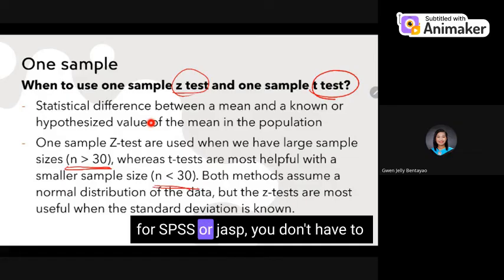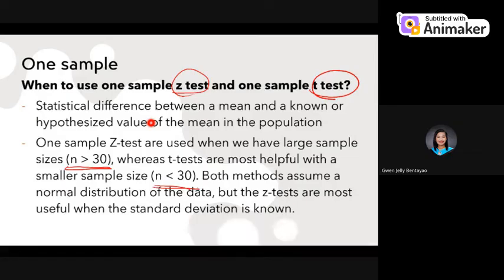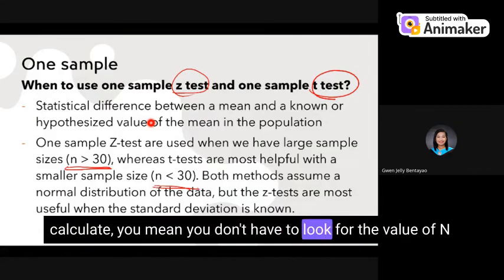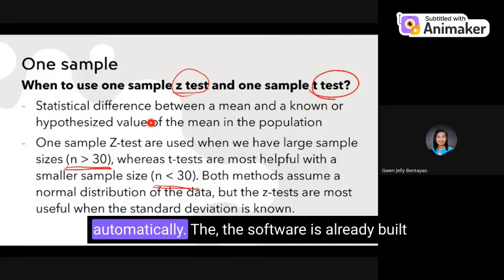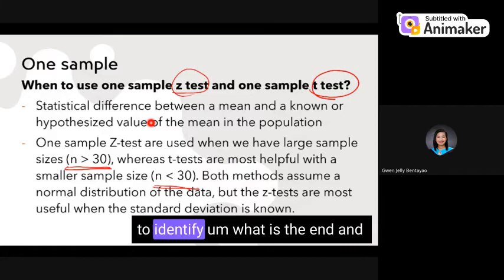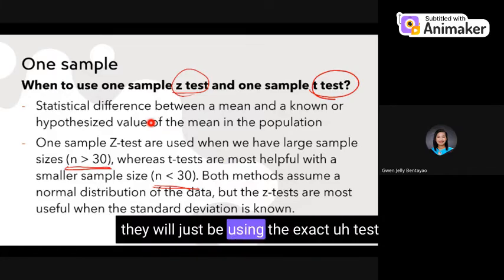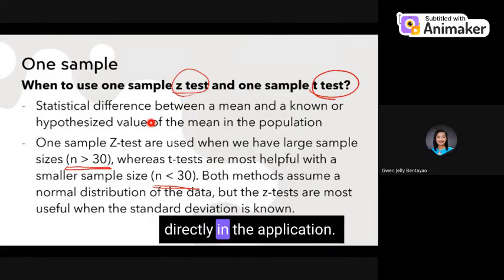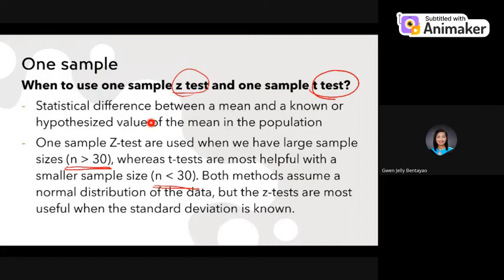For SPSS or JASP, you don't have to calculate, you don't have to look for the value of n. Automatically, the software is already built to identify what is the n, and they will just be using the exact test directly in the application.